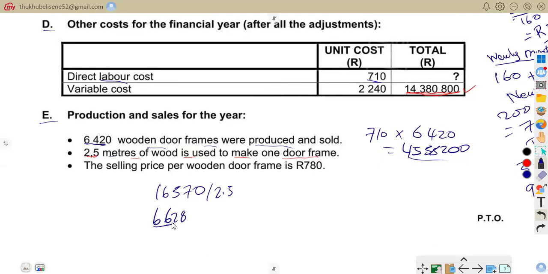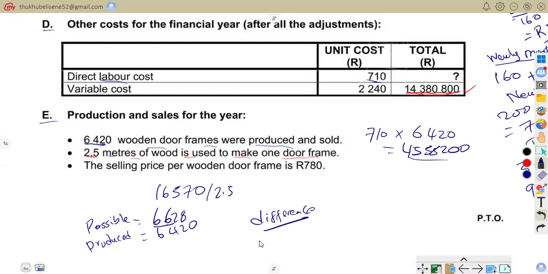Our target was 6,628, but you came up with 6,420, which is less. So possible is equal to this, produced is equal to 6,420. Now we are to look for the difference.